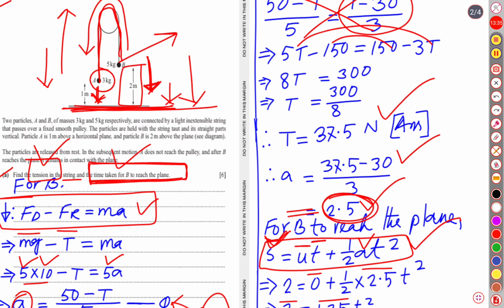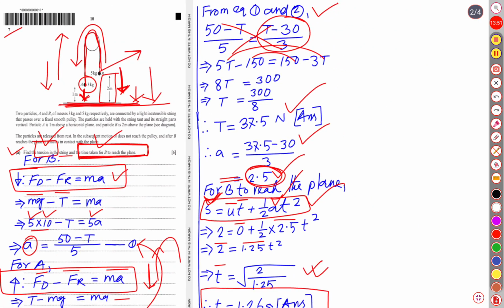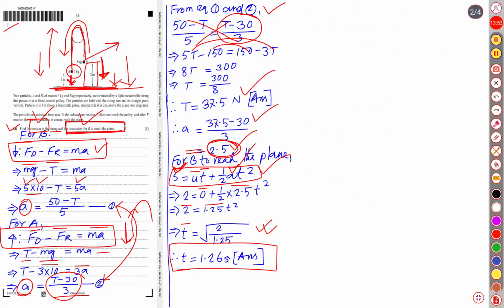So we know S, the initial velocity was 0, and the acceleration has also been obtained. So we can easily apply the formula S equals ut plus half at square. Finally we got that B will take 1.26 seconds to reach the plane.